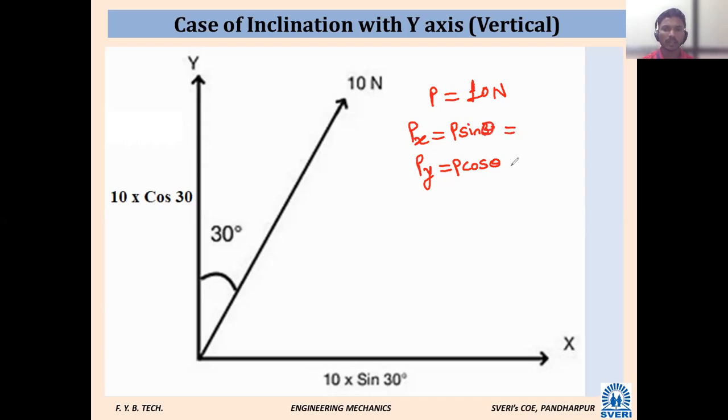So calculate directly. P is 10, into sin 30. How much is it? Half, 5. And what will be the unit? Newton. Very good.